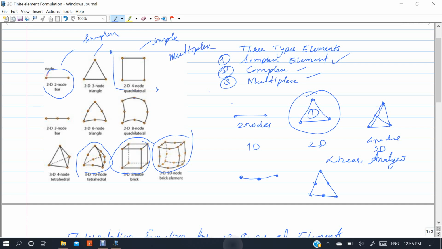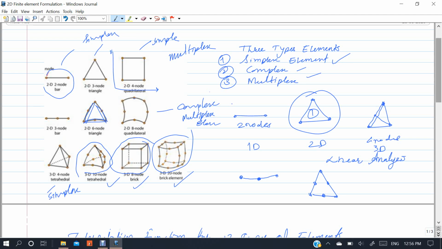Then this will become complex. But suppose this should be a straight line, it should be a linear one. If it is curved in this way, then it will become a multiplex type of element. So all these are multiplex types. So this is a simplex, this is a simplex one.